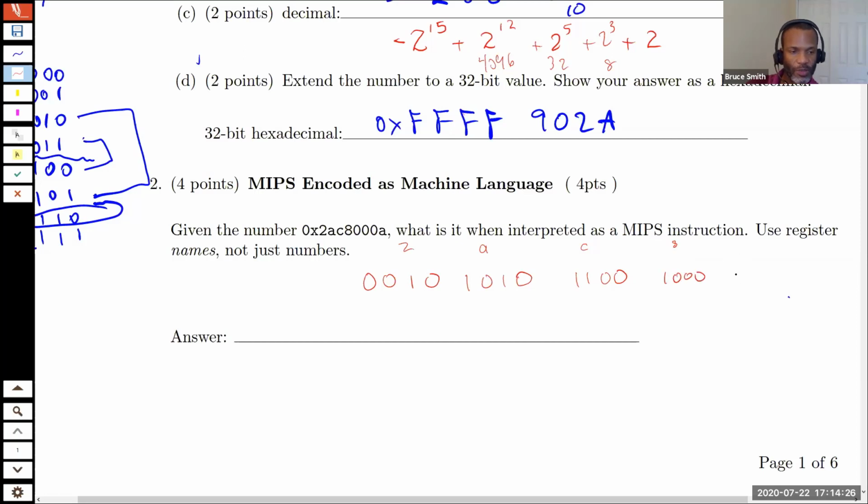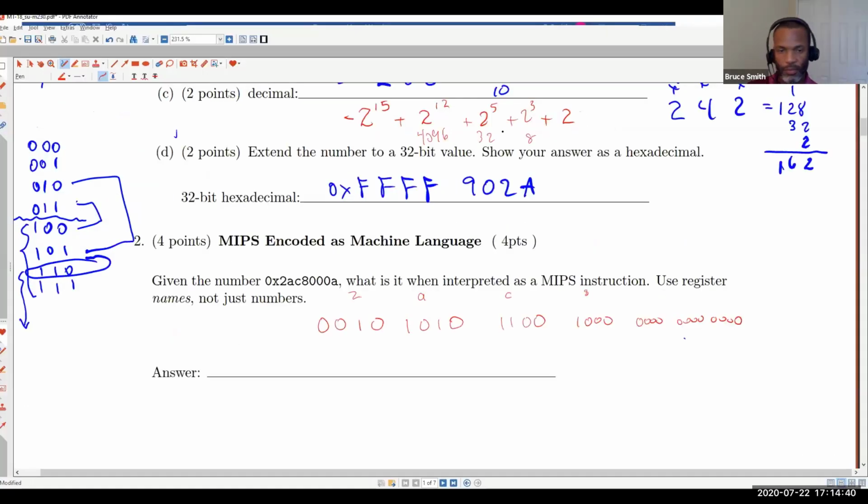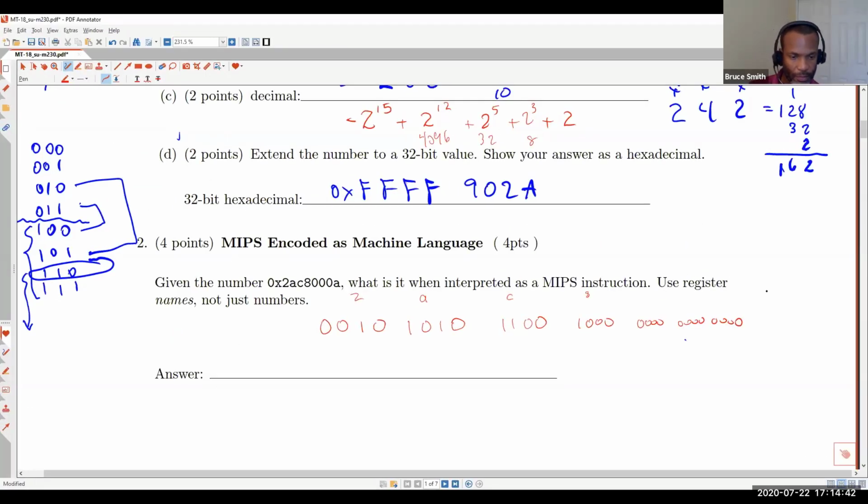And then I see 3 zeros, 1, 2, 3, 4, 1, 2, 3, 4, 1, 2, 3, 4. And then the last one is a 10, which is an 8 and a 2. Remember, the opcode will always take 6.